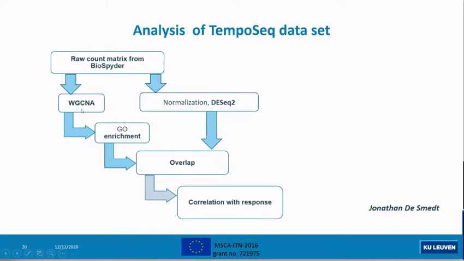And WGCNA is to cluster the dataset entirely into different modules based on co-expression. This can be further enriched for the GO terms for determining which functional pathways they fall into. Then this overlap will tell me which pathways the differentially expressed genes fall into functionally. And then there's a correlation with the dose response.